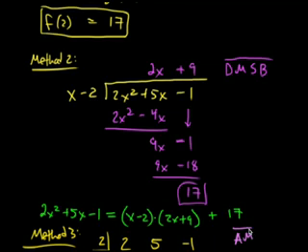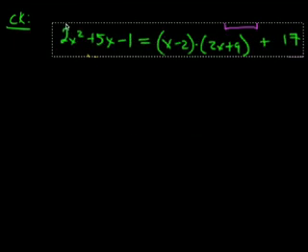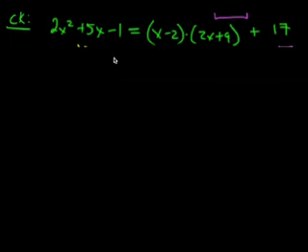Let's take a snapshot of this. And I will do a check to the first example, just to verify that it works, give you guys some confidence in what this is saying. So let's actually multiply this out.